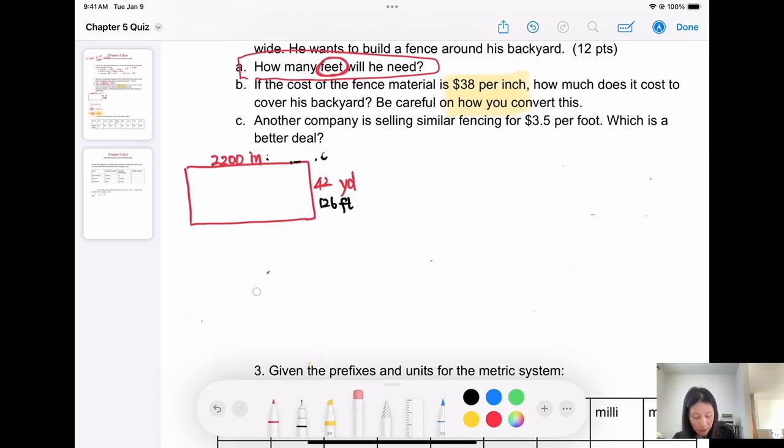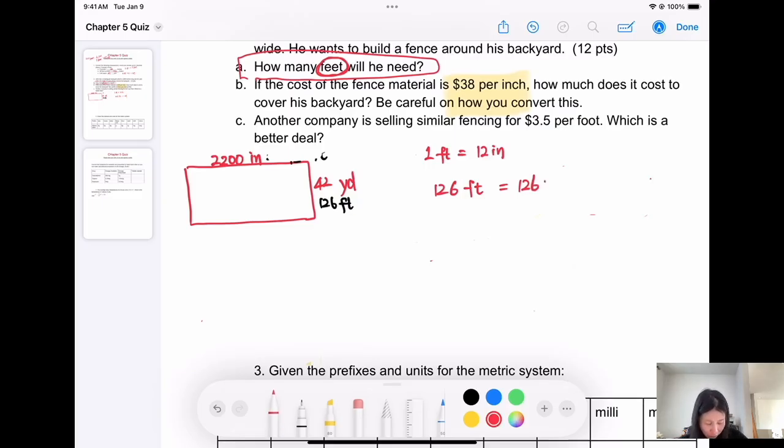Now, the next step is we need to convert that feet to inches. 1 foot equals 12 inches. So that means 126 feet is going to equal, from a big unit converting to a smaller unit, we use multiplication.